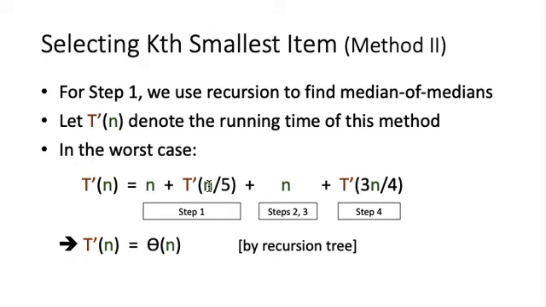By spending this extra time, the T prime of n over 5 and the n, we get a good median of medians as the pivot. And this allows us to change this part to 3n over 4 instead of n minus 1 in the previous method. So altogether, the extra time is worthwhile, and we can bound the overall time to be theta of n. That's all for this lecture. Thank you.